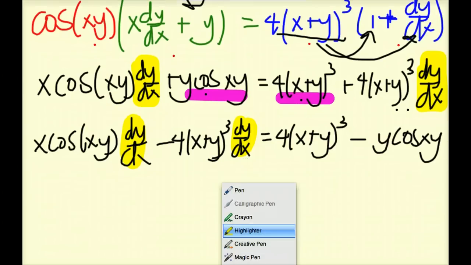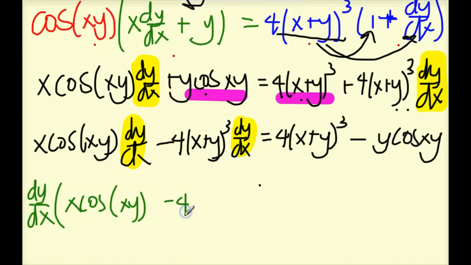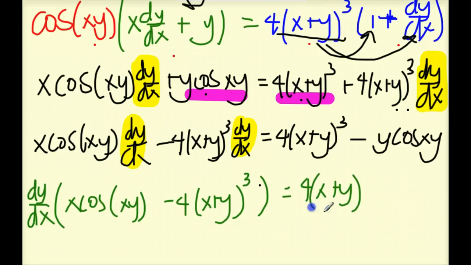So if I factor this out, you're going to see dy/dx times what's left over, so x cosine of xy minus 4 times (x + y)^3, is equal to 4 times (x + y)^3 minus y cosine of xy. And if you notice, once again, let me extend this page.